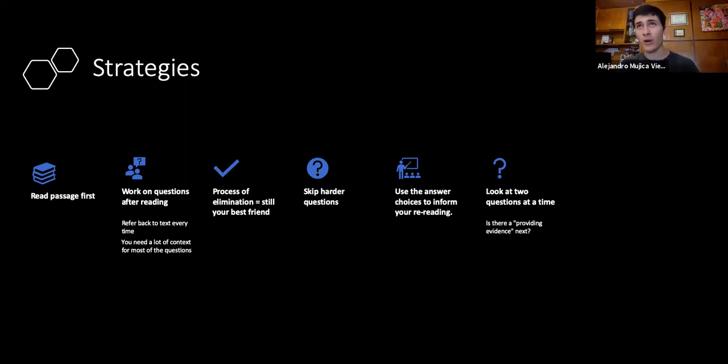Again, you can skip harder questions. However, keep in mind that the meaning of the text is best retained if you're looking at it right at that moment. So skipping a question to the next passage might be counterproductive, because your brain is already focusing on the next passage, and then you go back.